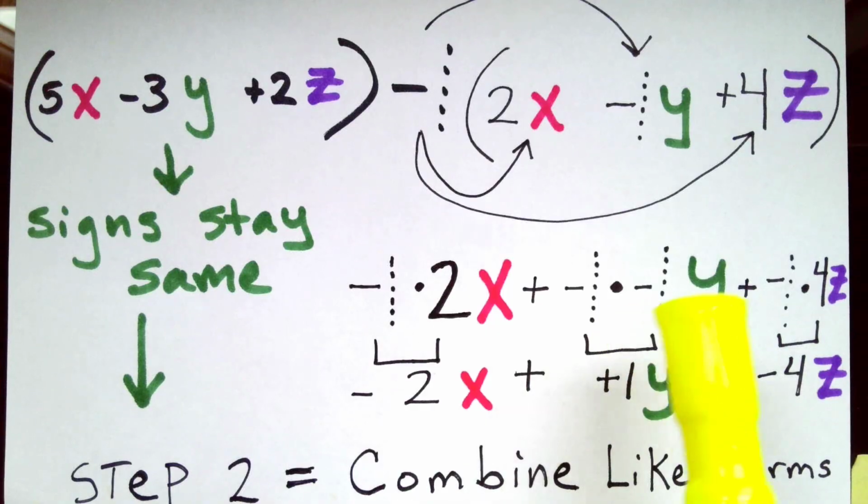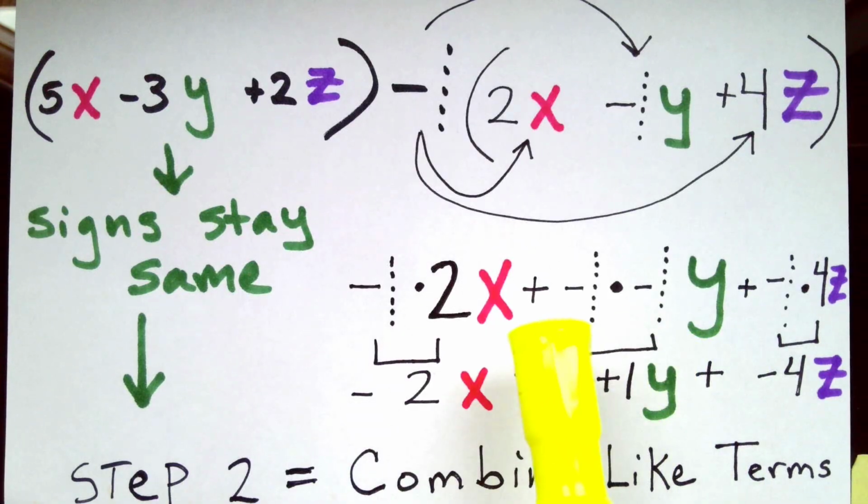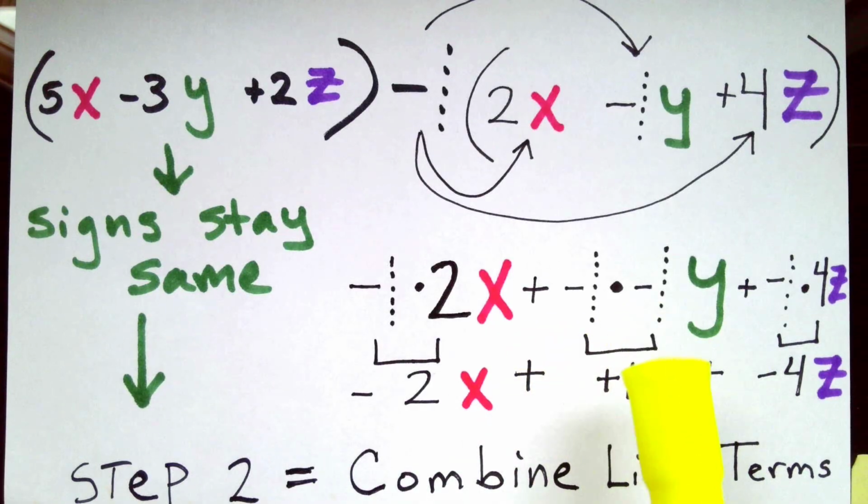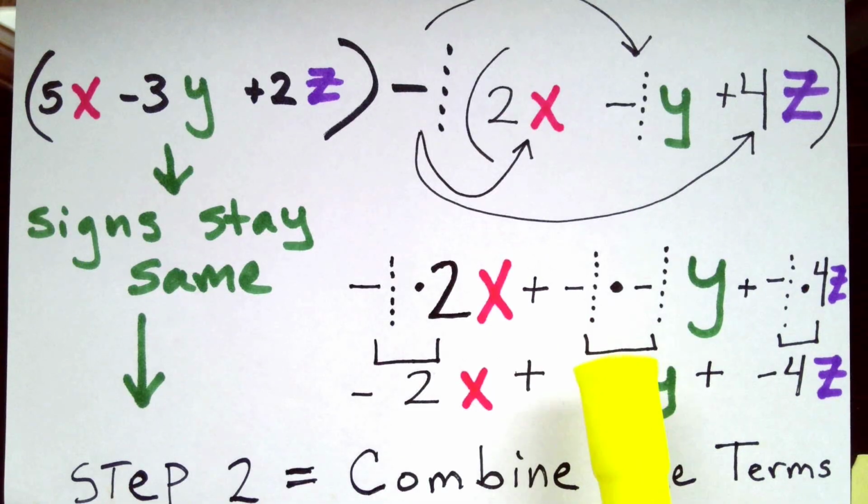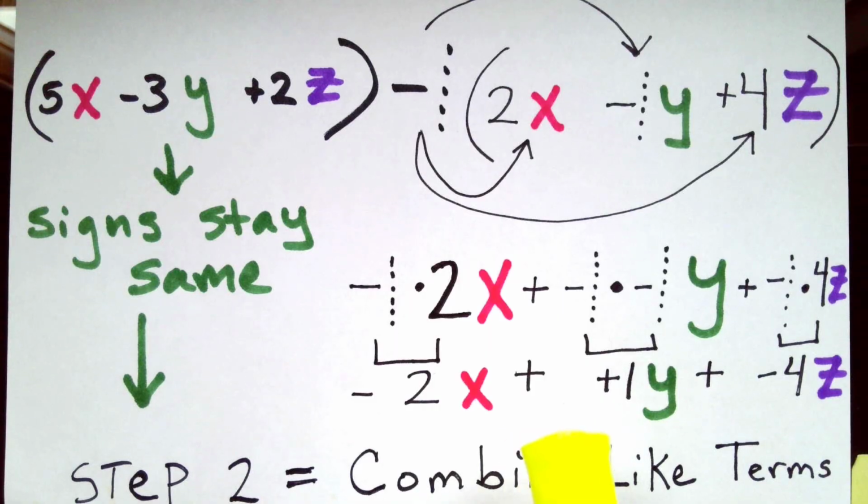A negative 1 times a negative 1 is a positive 1y. Now, you could leave out the 1. You can write a plus dot dot dot 1, or you can just write y. Many times you'll just see the plus y. But all three are absolutely okay and equivalent to each other.